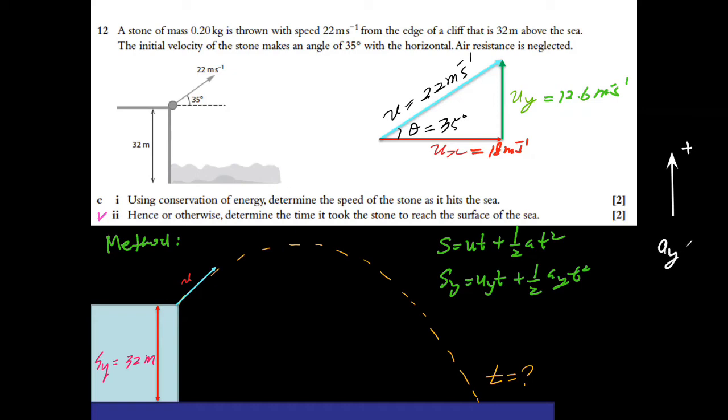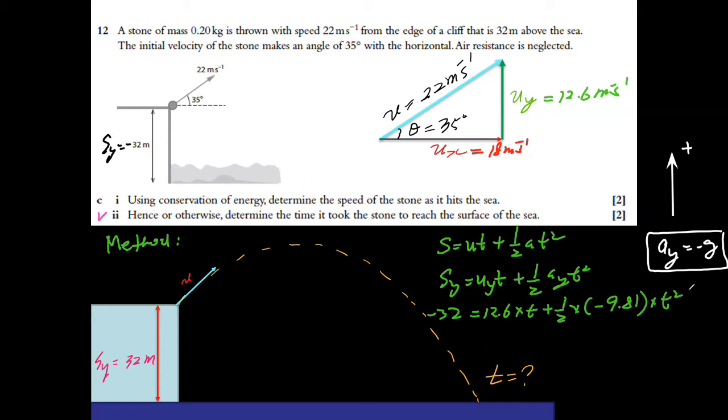Acceleration due to gravity in y component is minus g, which is downward. Since the object is moving downward, the displacement in y component is minus 32 equals initial velocity in y component 12.6 times t plus 1/2 times minus 9.81 times t squared. Solving for the positive value, we get 4.1 seconds.